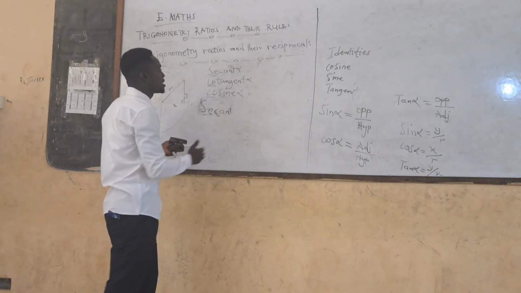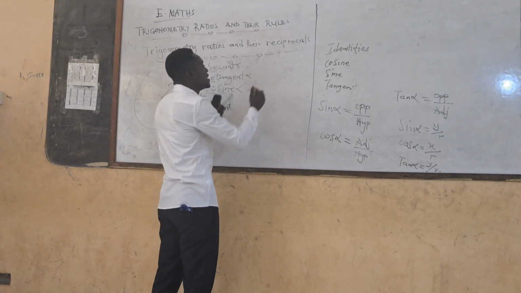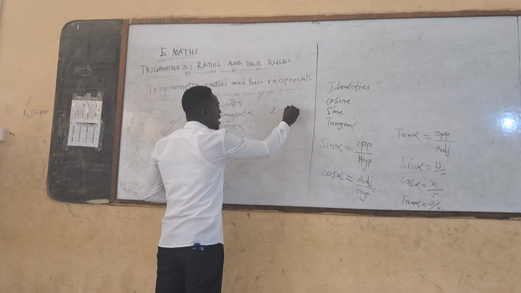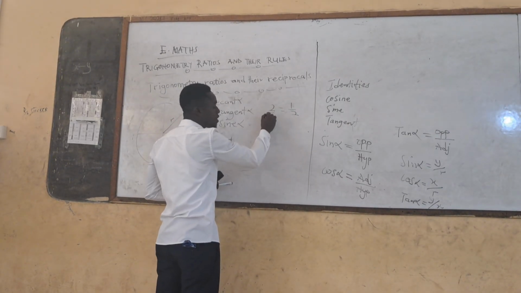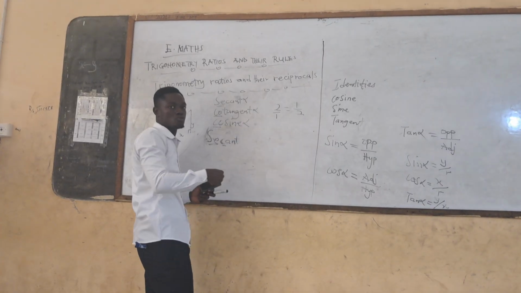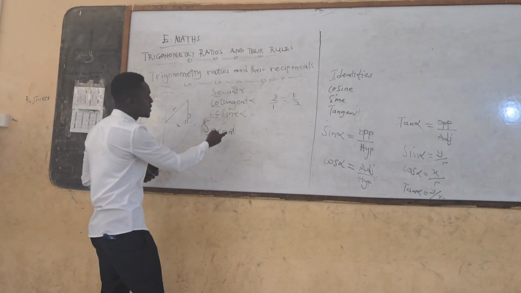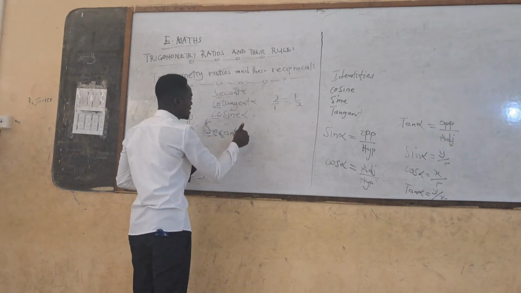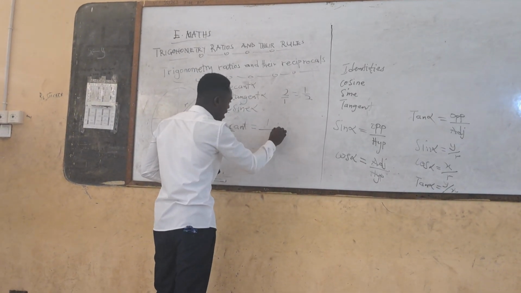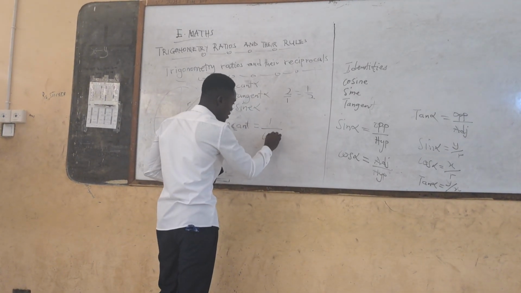When you say something is reciprocal, let's say 2, the reciprocal of 2 becomes half. Why? Because 2 is 2 over 1; if I reciprocate it, it becomes 1 over 2. So the reciprocal of this is equal to 1 over cosine.